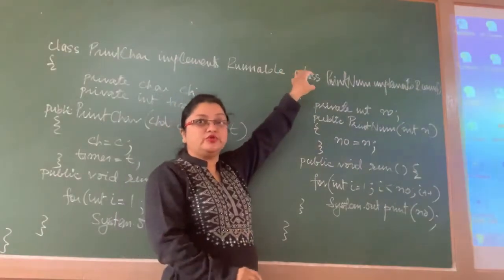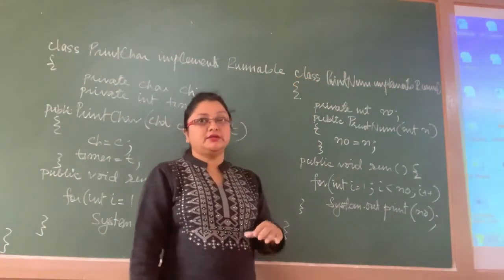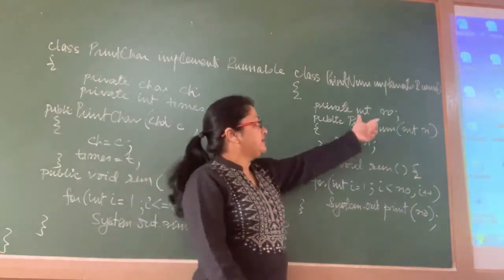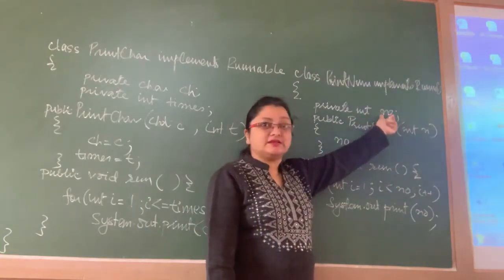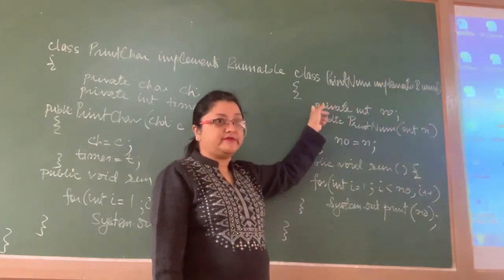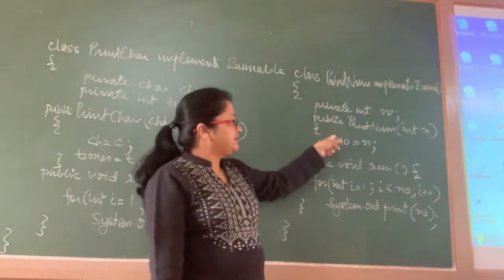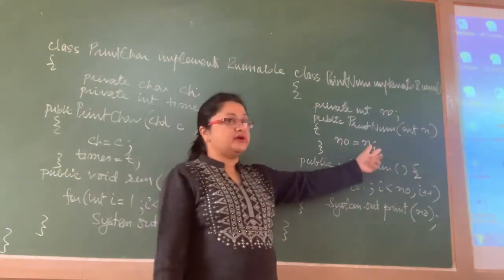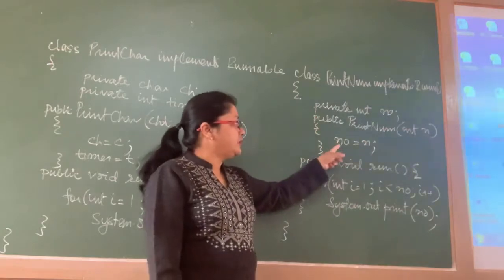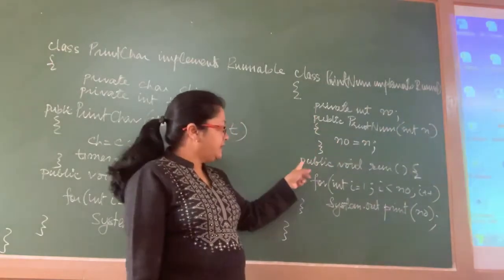In this class, we are going to print numbers from 1 to some number. The last number we are giving in the variable n, which is a private data member of this class. This is the constructor where we assign the integer value, so whatever we pass from here is assigned to n.